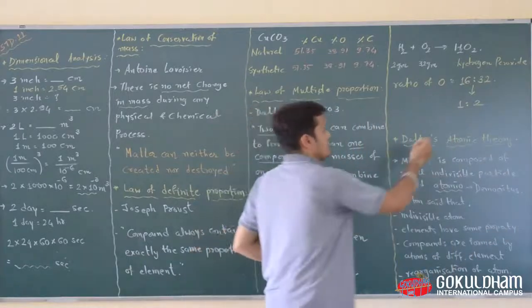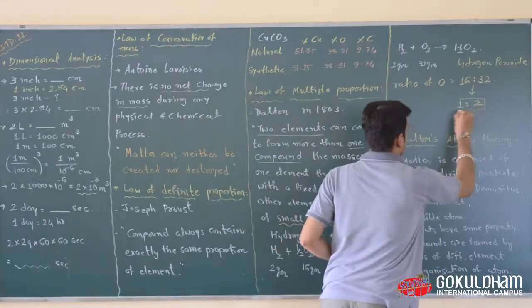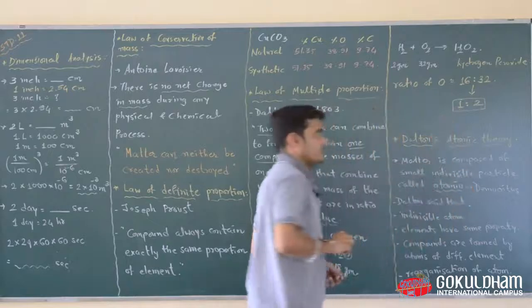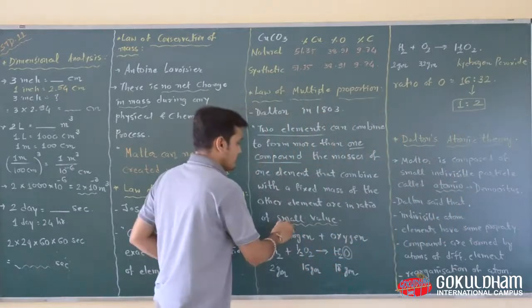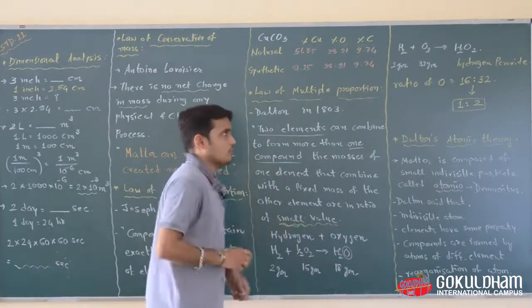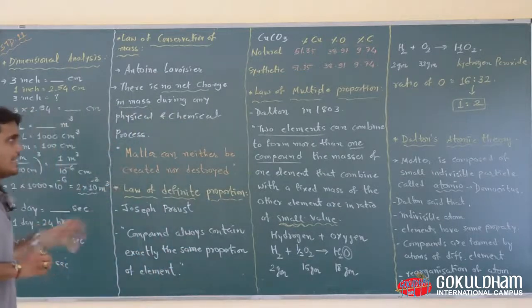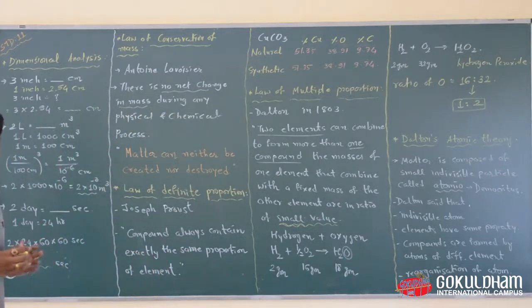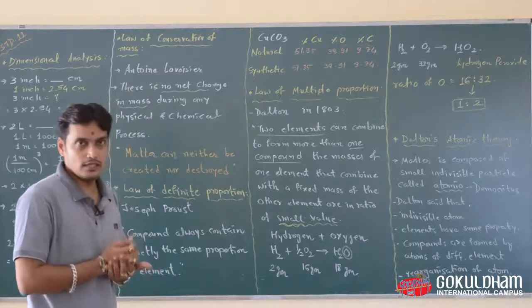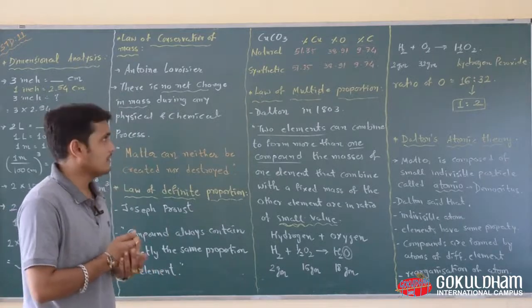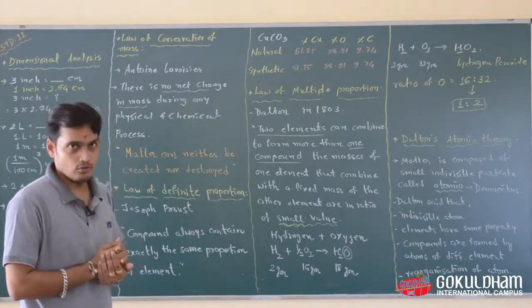So you have to keep in mind that this 1:2 is the representation of a ratio with a small value. These 3 rules are most important for this 11th standard basic concepts. After this, one rule is Avogadro law and another is Gay-Lussac law.